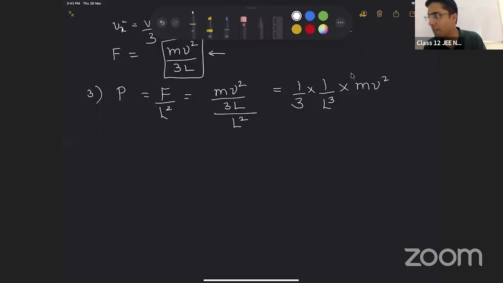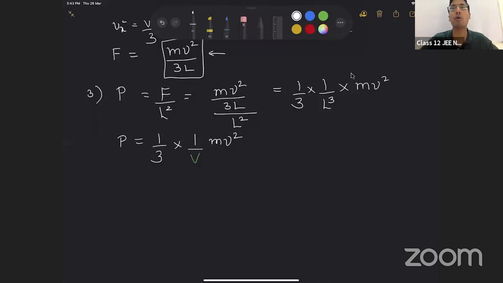Now, L cube is the volume of a cube. So I can write 1 by 3 into 1 by V, because L cube is the volume, into mv square. Correct? Where v is the velocity. Now here, we are talking about only one molecule.